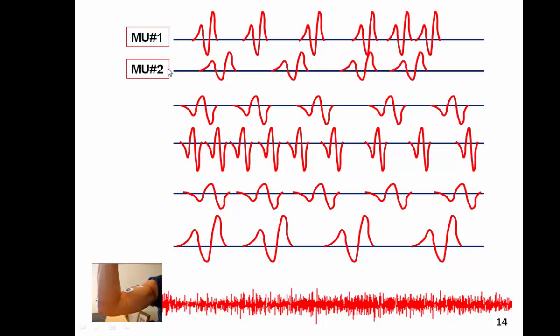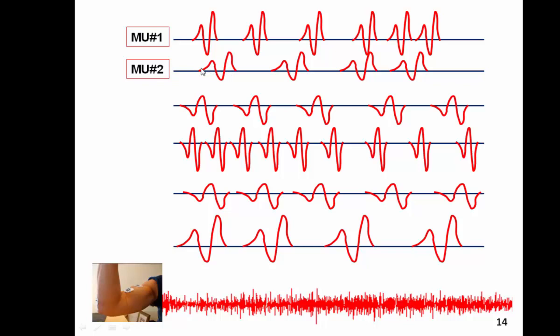Now what we see here is the activation of another motor unit simultaneously with this motor unit, but this motor unit, because it's innervating different muscle fibers that have slightly different characteristics in the membranes, will generate an action potential that has a very similar shape, but there are some unique differences with respect to the wavelength of this action potential.